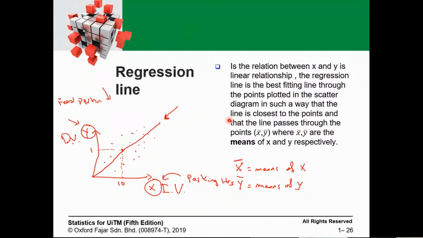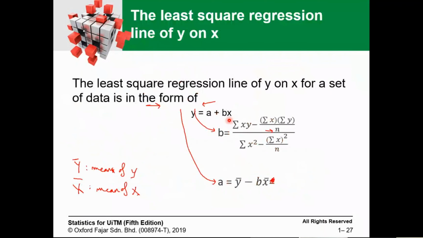Here, when we are calculating the least square regression line of y on x, which means y equals a plus bx, we are trying to understand if we have the value of x, what is the value of y, or if you have the value of y, what is the value of x. This is the equation which is going to help us find the value of the other variable.